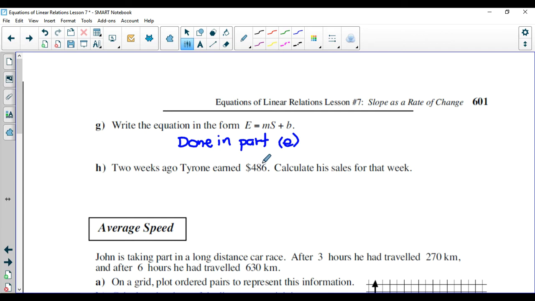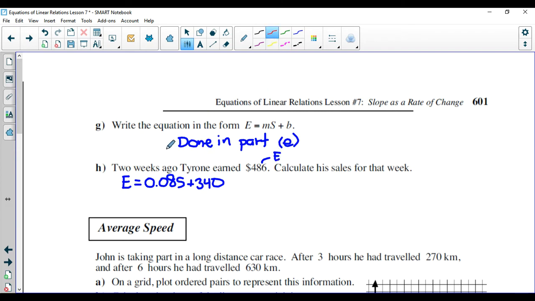Now it says two weeks ago, Tyrone earned $486 for the week. We're going to use our equation to do this. So let's write down that equation. The equation was E is equal to 0.08 times S plus 340.